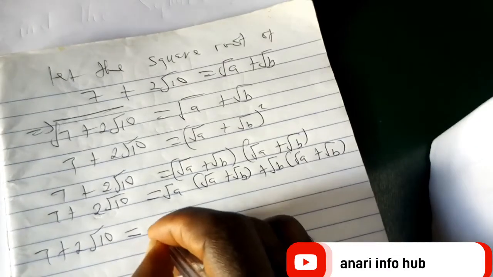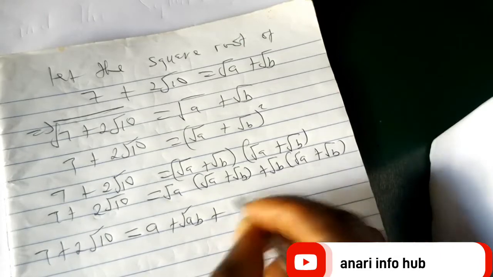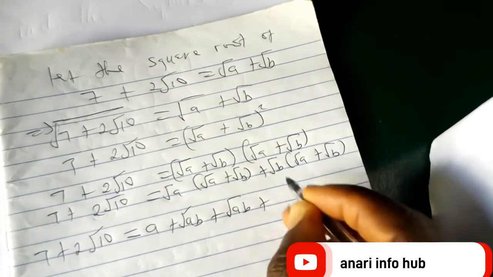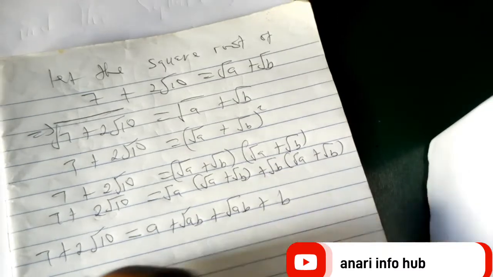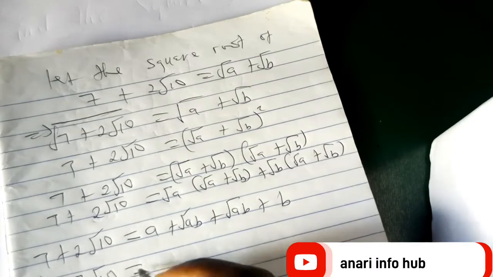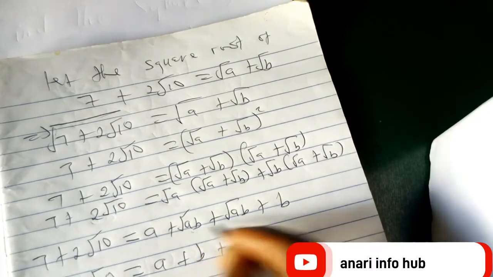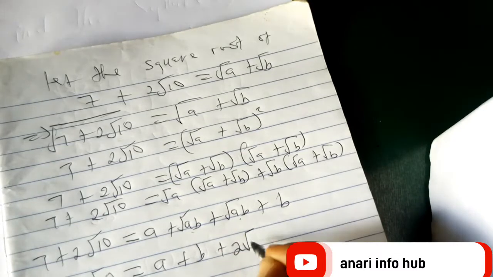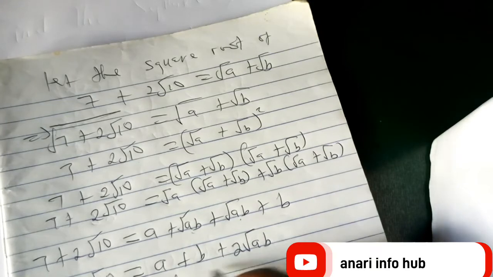You have a, then plus root ab, then plus, use it to open, you have root ab, then plus this to open this, you have only b. So you're having 7 plus 2 root 10 equals a plus b, then plus this plus will give us 2 root ab, right?